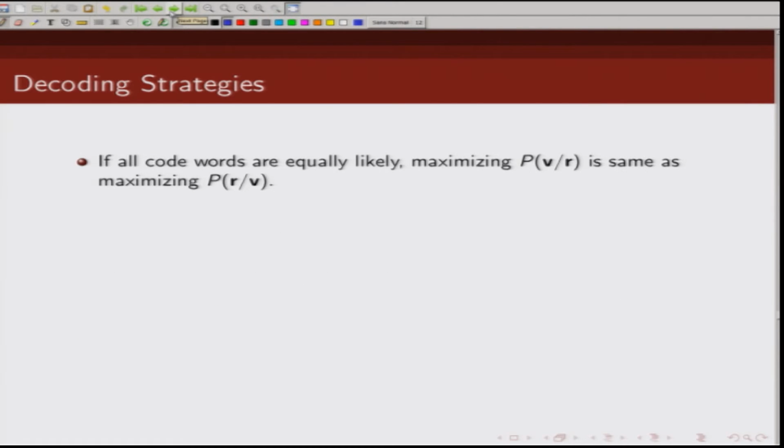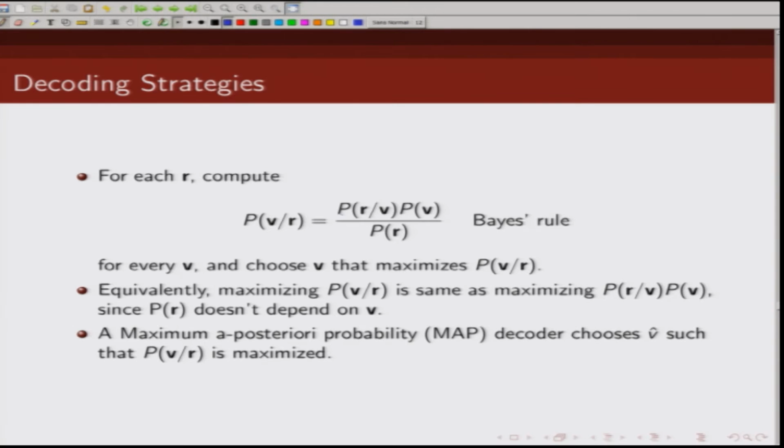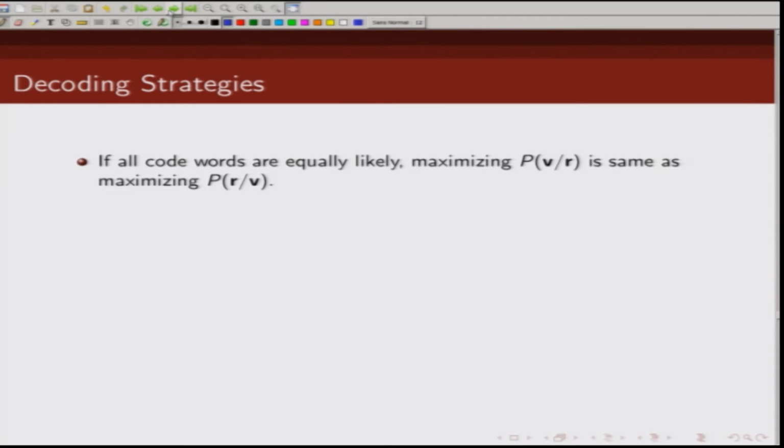Now, what happens if all code words are equally likely to happen? Then look at this term, the probability of v will be the same. So, in that case, maximizing the probability of v given R is the same as maximizing the probability of R given v. So, that is what we are saying.